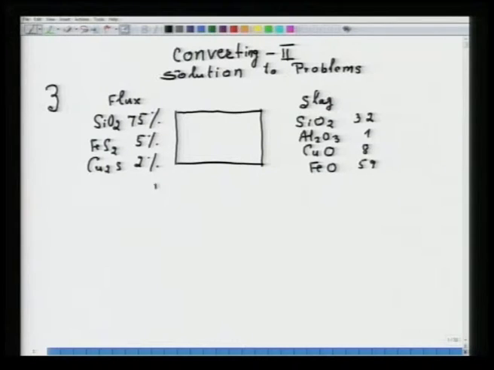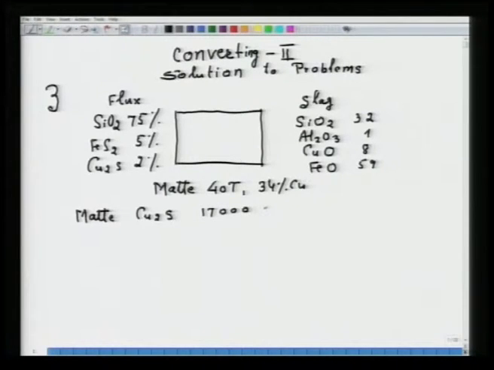Now, it is also said the matte is 40 tons and its grade is 34% copper. Now, for the matte we have to find out the amount of Cu2S. So, we can calculate Cu2S that is equal to 17,000 kg and FeS that is 23,000 kg.